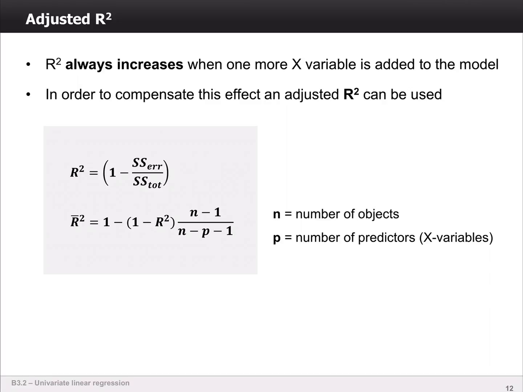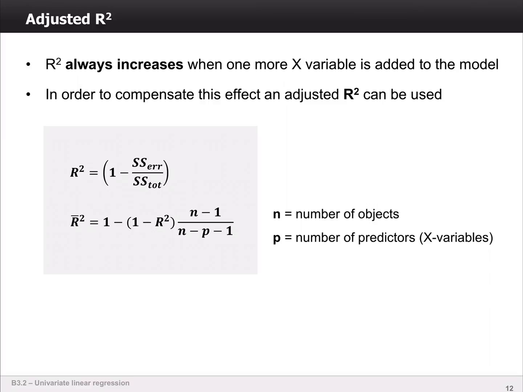Then you remember that in the video about how to do things in R, we found out that if you use linear regression modeling, you see two coefficients of determination, the normal one and the adjusted one. The idea of the adjusted one is the following. In fact, this coefficient depends on the number of x variables. Every time you add one more x variable, you will explain a little bit more of the y variance just because you're adding one more variable.